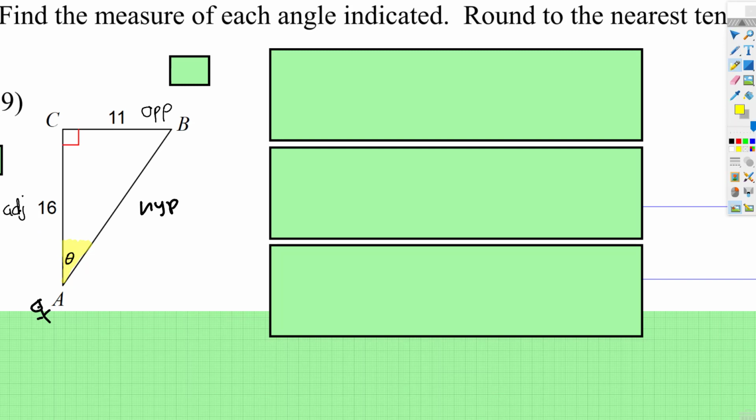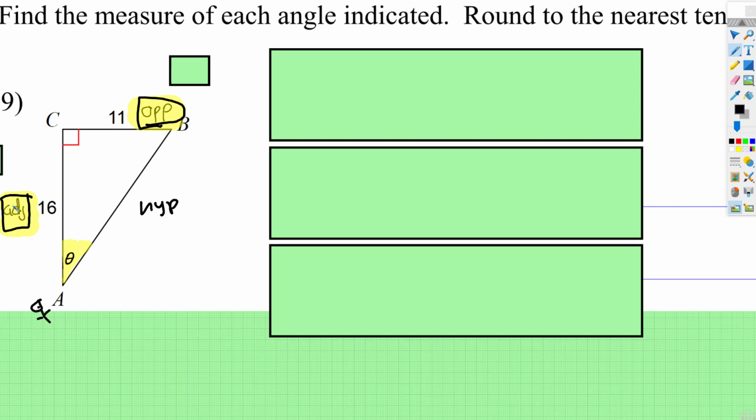So think back to the 6 trig functions. Which trig function, that also happens to be on your calculator, uses the ratio opposite over adjacent? So think about what we just did. Before we did any of the problem solving, I labeled what the sides were, meaning opposite, adjacent, hypotenuse.